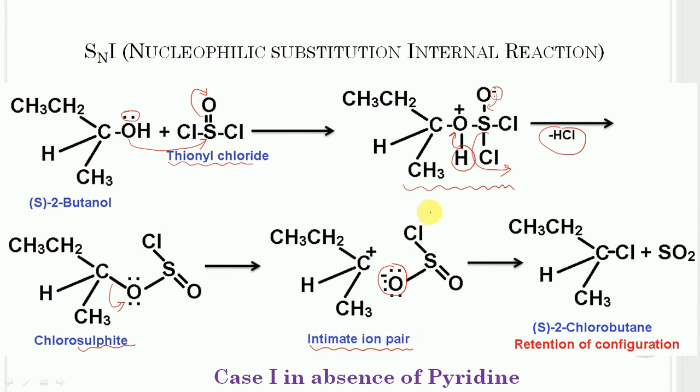Now in the next step, this additional lone pair will take part in the pi bond formation, and it will lead to the formation of sulfur dioxide, and at the same time the chloride will move toward the carbocation, and S-2-chlorobutane will form with retention of the configuration. So it is case number 1, which will take place in the absence of pyridine.